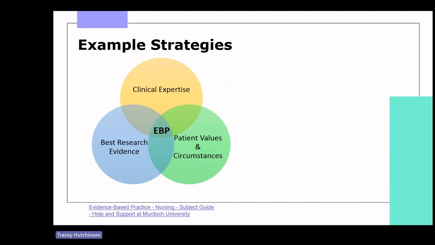So the first example we have on the left is evidence-based practice. This is very much a health background and is very common in HE. And this is the symbiotic relationship between clinical experience, understanding of patient values and needs, and research to support all of those ideas and bringing them together.